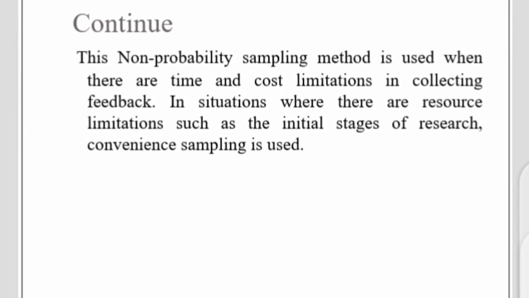The non-probability sampling method is used when there are time and cost limitations in collecting feedback. In situations where there are resource limitations, such as the initial stages of research, convenience sampling is used.